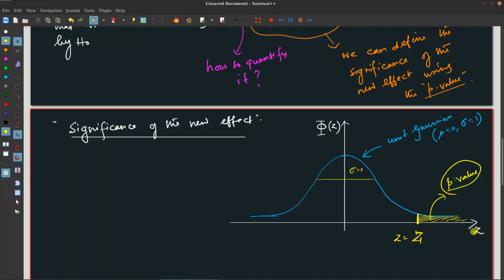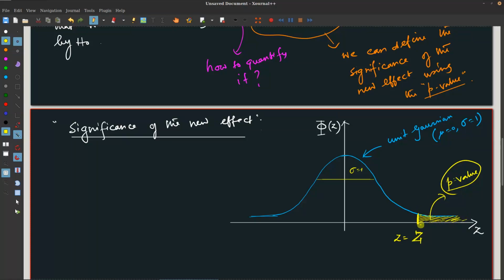If you are Z equals capital Z away, then for a general sigma you will say that you are Z sigma away. So you have to go to Z sigma away to get data as compatible or even worse compatibility with H0.